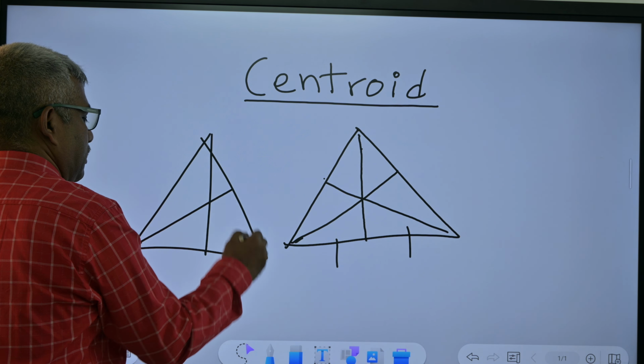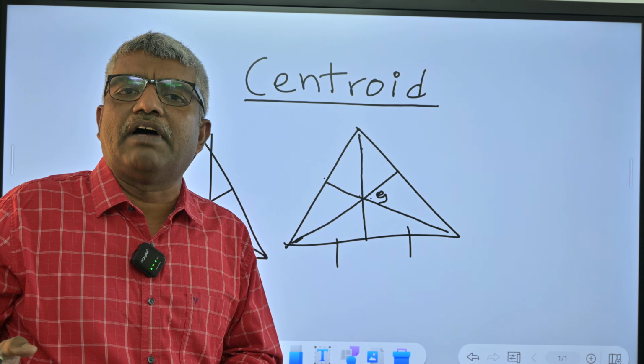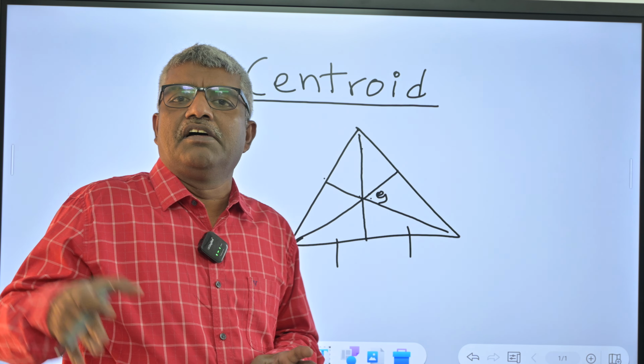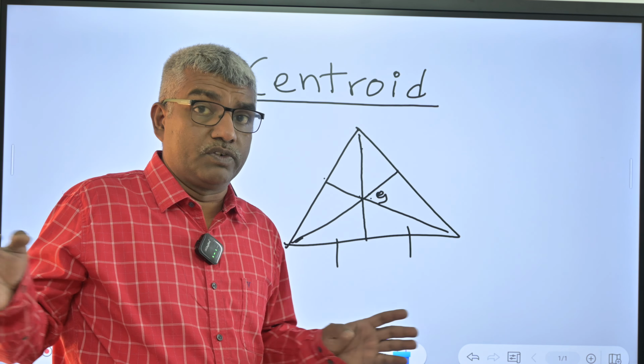For any triangle, acute, obtuse, or right angle triangle, the center of gravity is inside the triangle. Orthocenter will vary: for orthocenter, acute is inside, right triangle on, and obtuse outside. But centroid, in all cases it is inside.